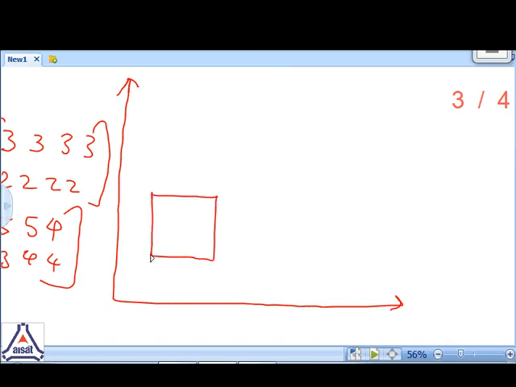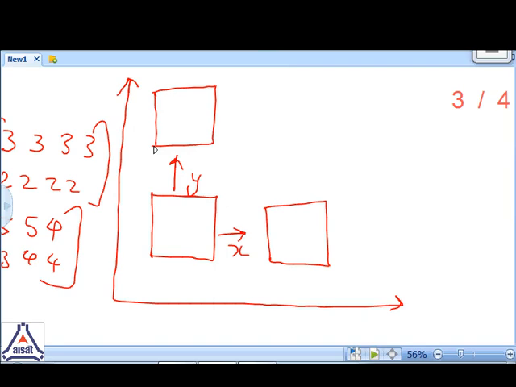This was our initial matrix. When we shifted this matrix only in x direction, the matrix shifted to this position, and when we moved this diagram in y direction only, we got the rectangle in upward direction. When we shifted in both x and y direction, we got it like this.